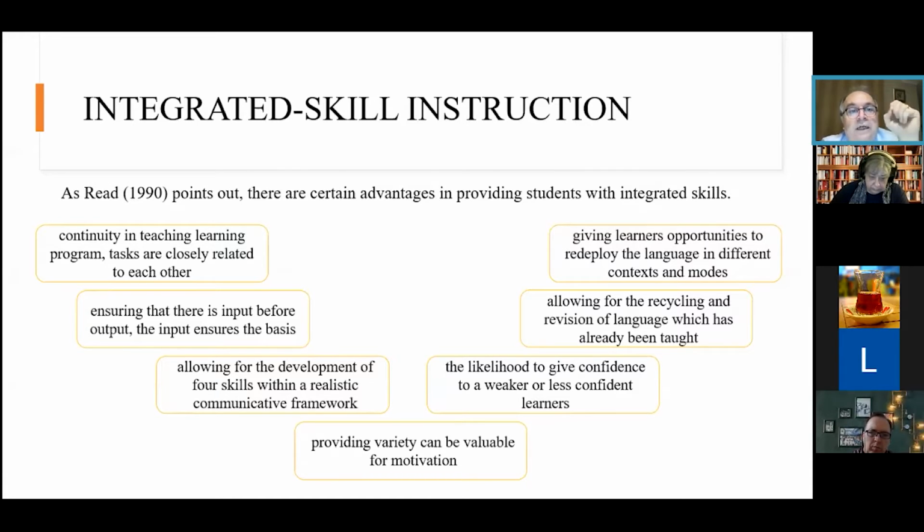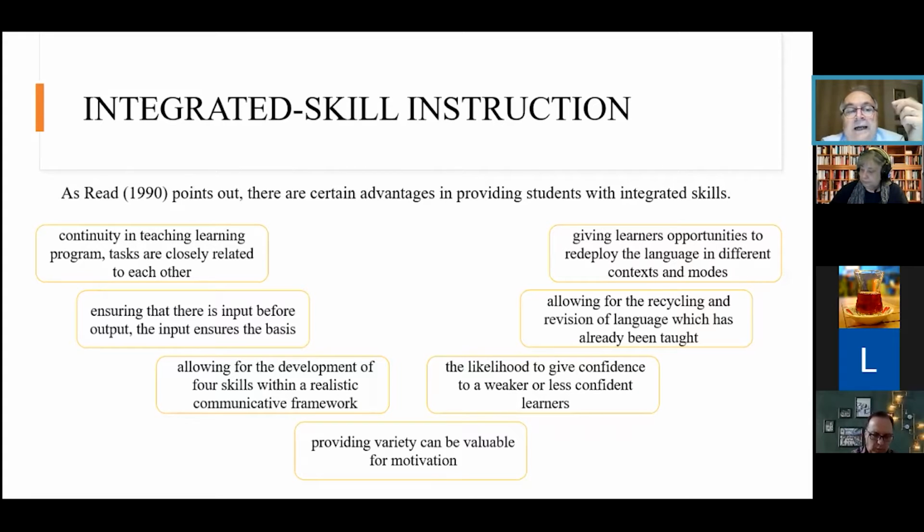And also, this instruction gives a chance to give confidence to weaker or less confident learners. In other words, this kind of instruction may help the learners to gain their self-confidence.